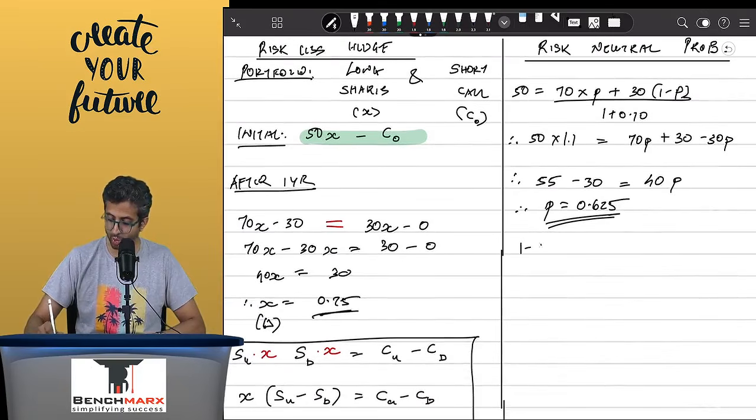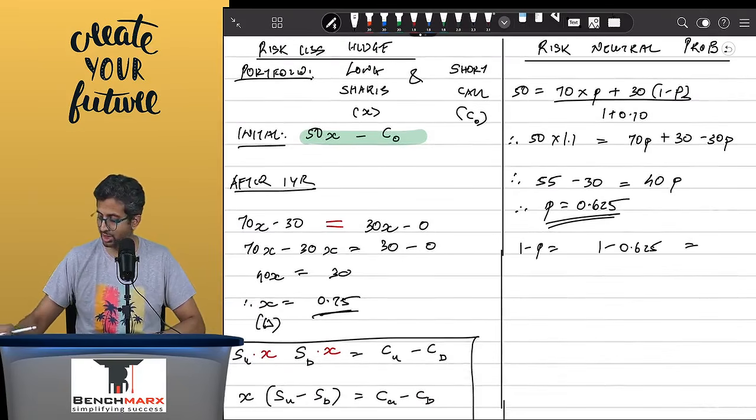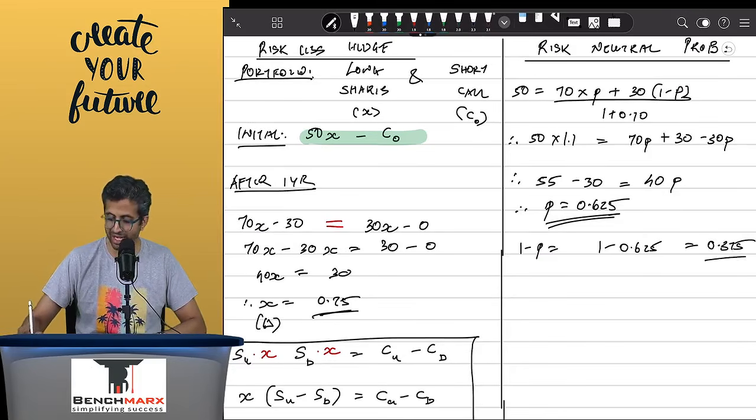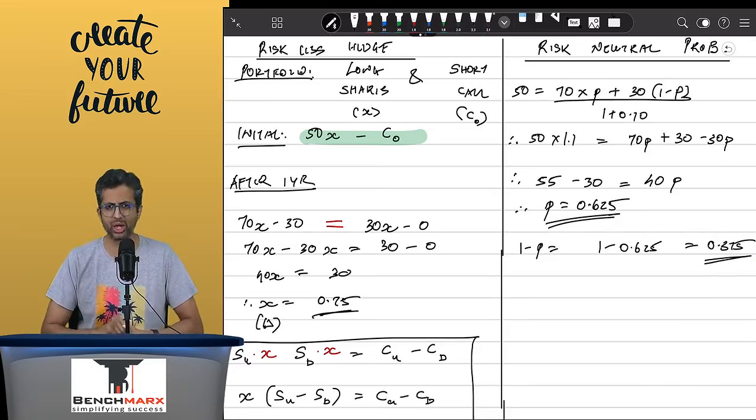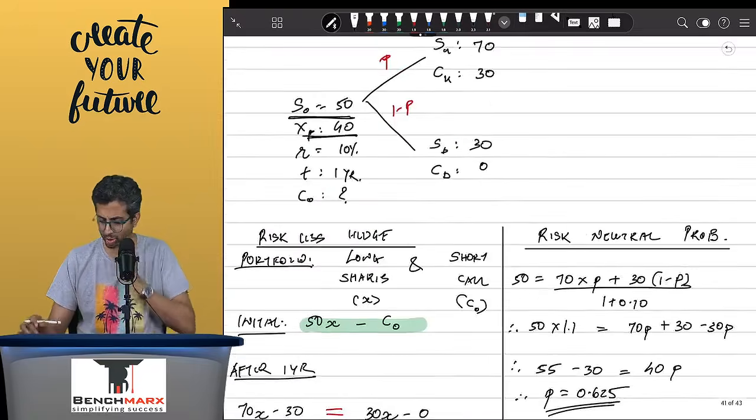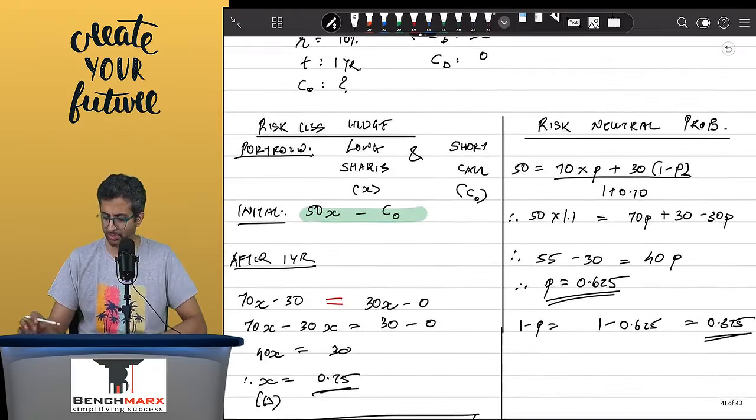Next, you do 1 minus P, that is 1 minus 0.625, and hence if you do this working, this is 0.375. You can find this P using some other method as well, but over here this is very much manageable. So over here, let us say you can take 0.375.